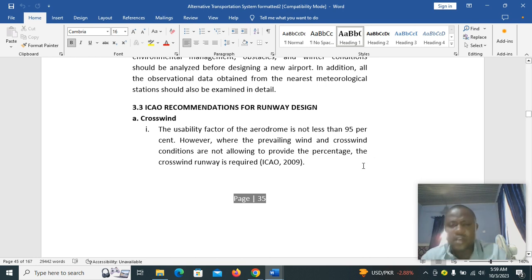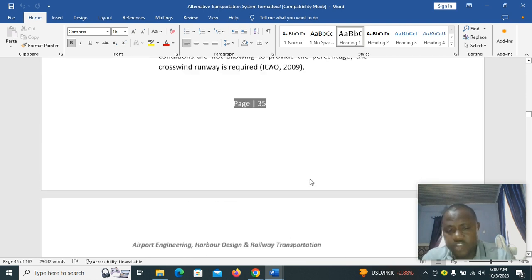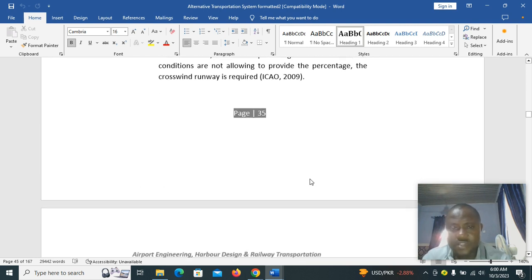So when we talk about the usability factor of the aerodrome, it should not be less than 95%. But where we cannot provide 95%, then we need to consider a crosswind runway. That is what ICAO states in 2009.